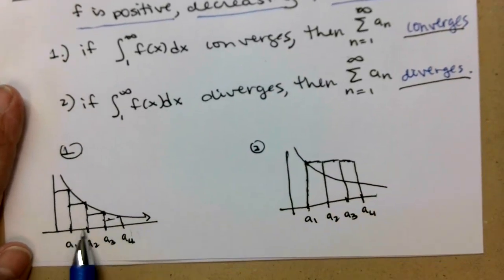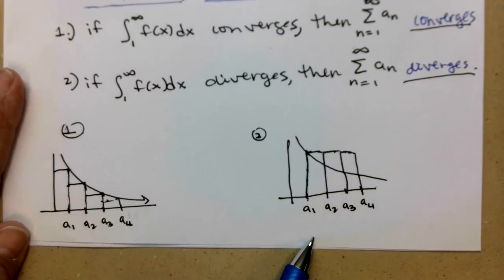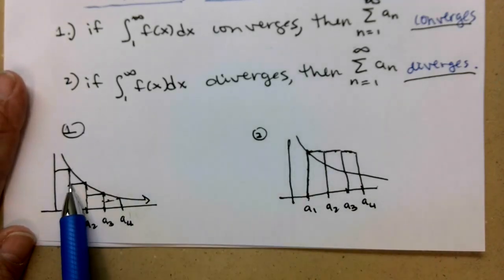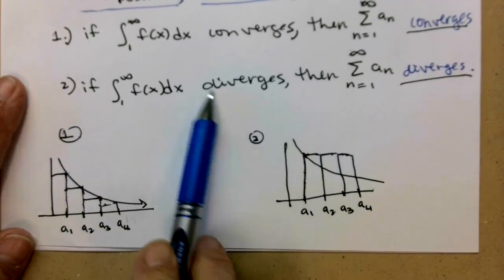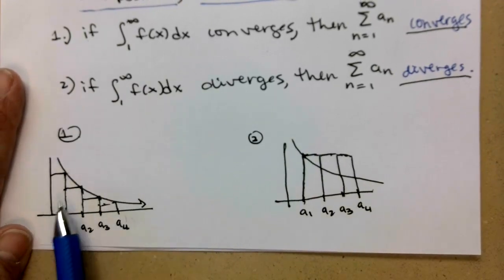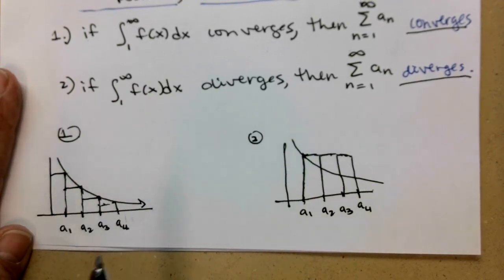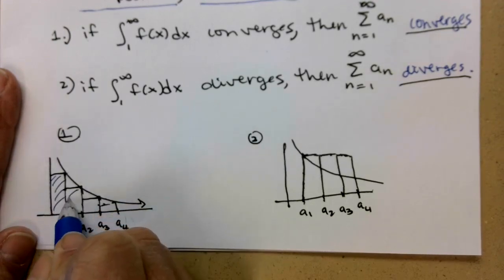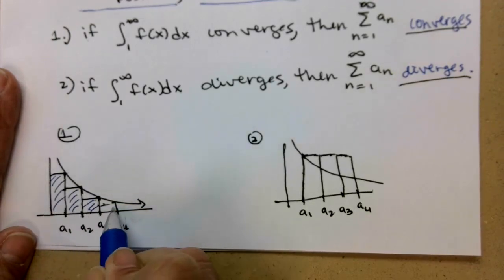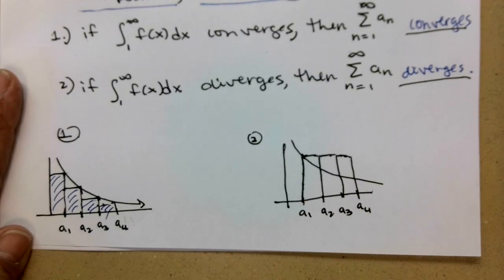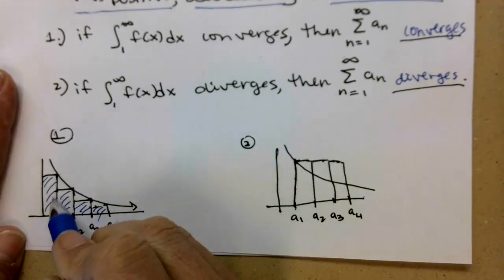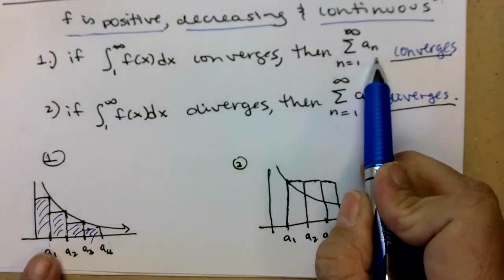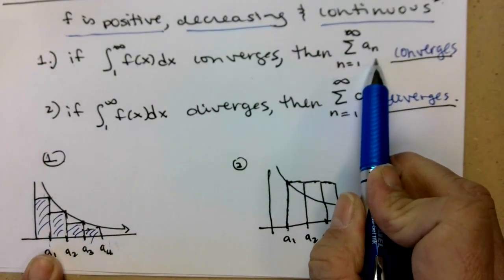So remember how we first started talking about integrals? We used some Riemann sums, and we can use the right endpoints or the left endpoints. This version over here on the left, using our right endpoints, shows that if you think about the area of the rectangles, we have our height, f of x, but these are also our a sub n's that we're adding.